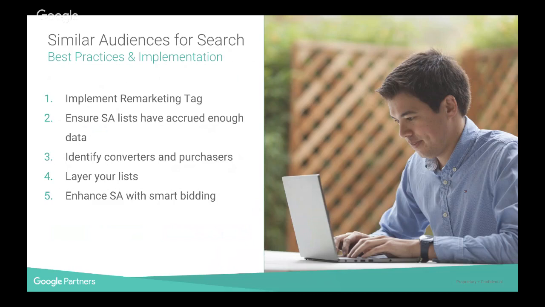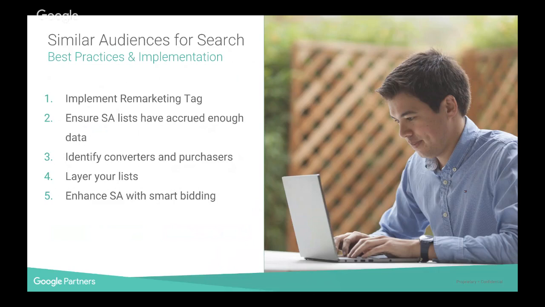The system will automatically create a similar to all homepage visitors list. So the remarketing tag needs to be there across all pages of your website so that you don't miss any behavior on your website. You need to have similar audiences lists that have enough data, so give time to the system to populate the lists.